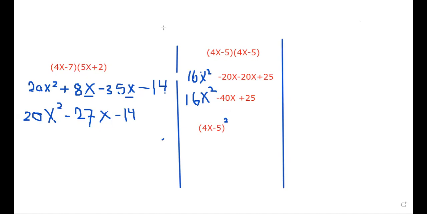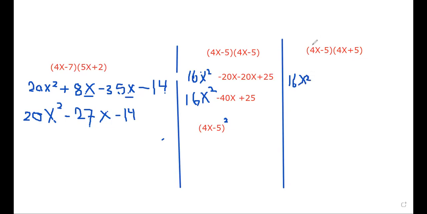Okay, the last question: 4x minus 5 and 4x plus 5. What do you notice about the two parentheses? They are the same, but with different signs. So we will answer the question. 4x times 4x will be 16x to the power of 2, right?